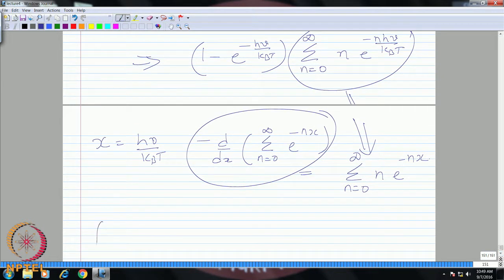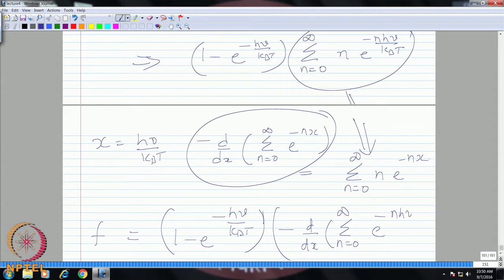So, therefore, your f now is 1 minus e power minus h nu by k b t into minus d by dx of the sum from 0 to infinity of e power minus n h nu by k b t.